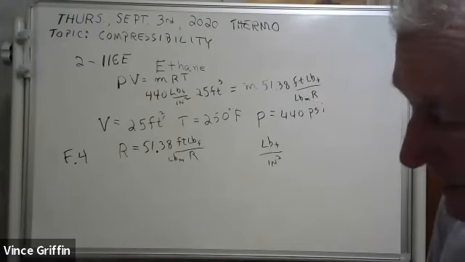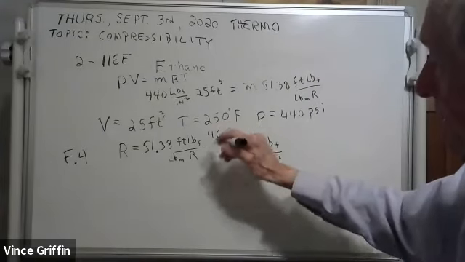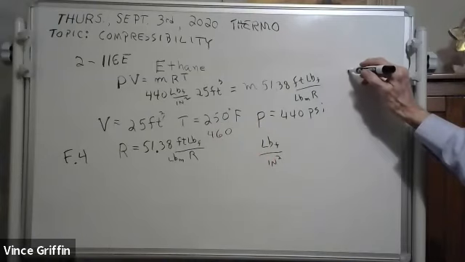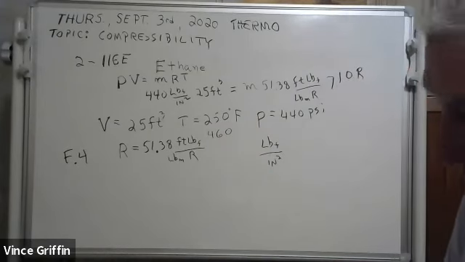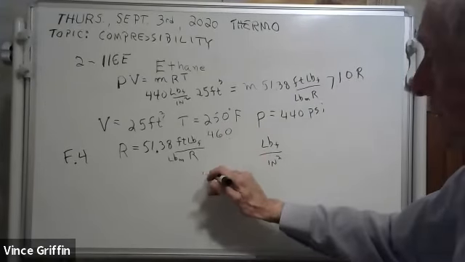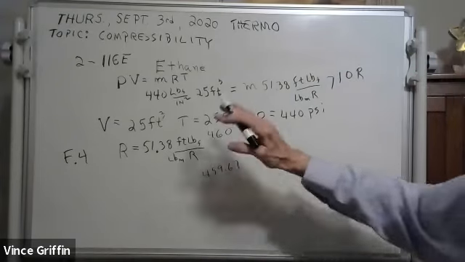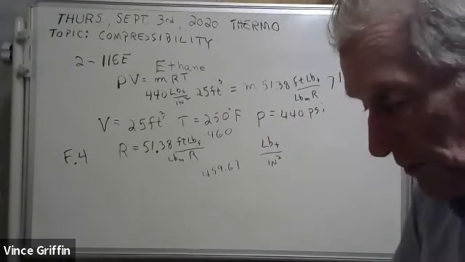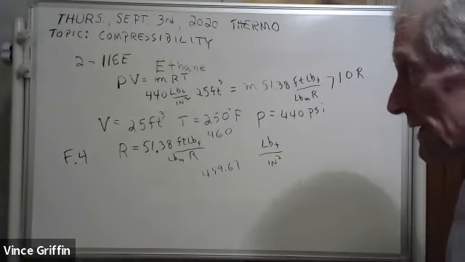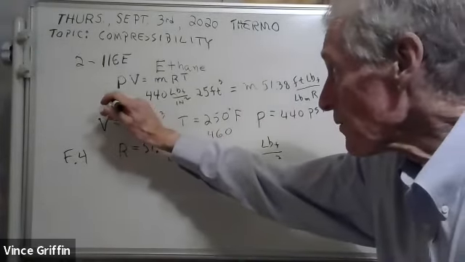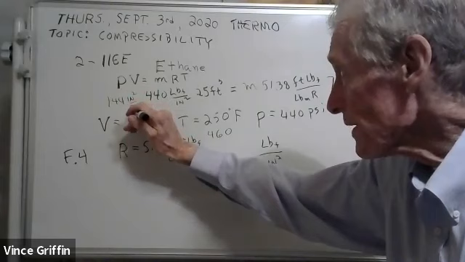And the temperature. Roughly, you have to add 460 to get Rankine. Roughly, it's 710 Rankine. It's really 459.67, but that's okay. We'll never know the difference. I just use 460. Okay, now here's the catch. You got to multiply this by 144 inches squared per square feet.